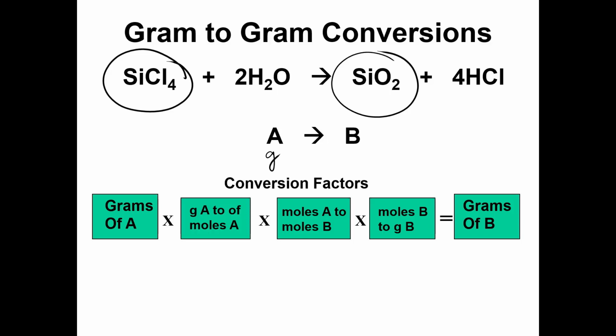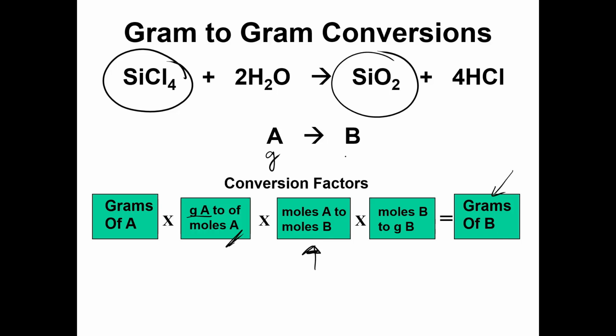So we don't have a conversion factor that relates the grams of one reagent to the grams of a second reagent. So we have to go through a 3-step conversion, as demonstrated here by this fudge factory down here, right? If I'm given grams of A, I have to first convert grams of A to moles of A. Then I can use the coefficients from the balanced equation to convert moles to moles, and then finally I go from moles of the second chemical to the grams of the second chemical, right?